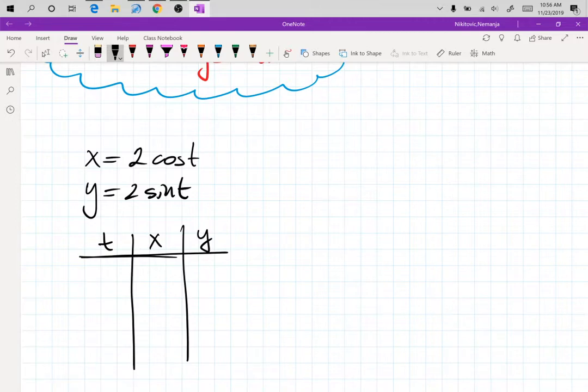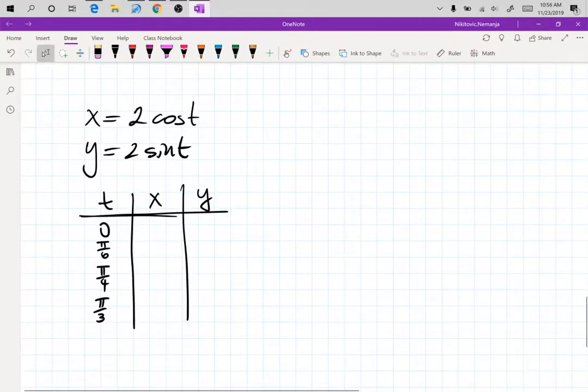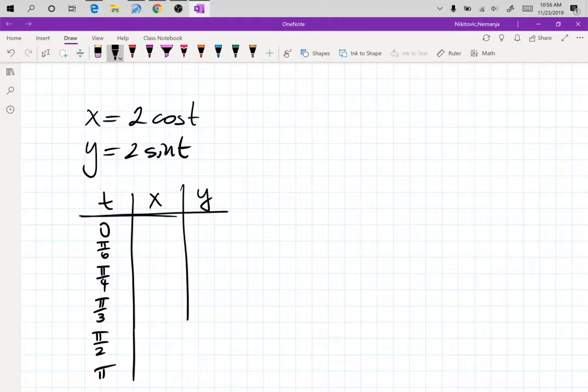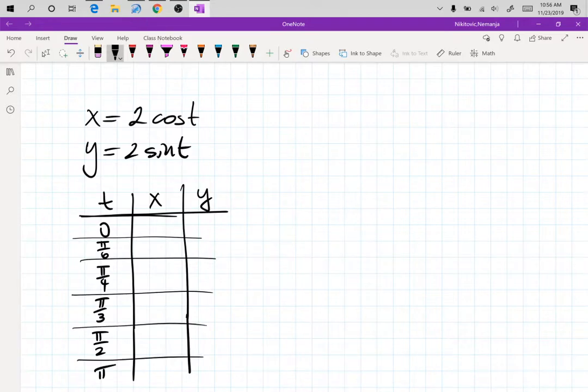Does that make sense? So t will start at 0. We can do pi over 6, pi over 4, pi over 3, pi over 2, and let's have a pi. So those are the values. Now we're just going to use the equations to calculate x and y, which become coordinates.